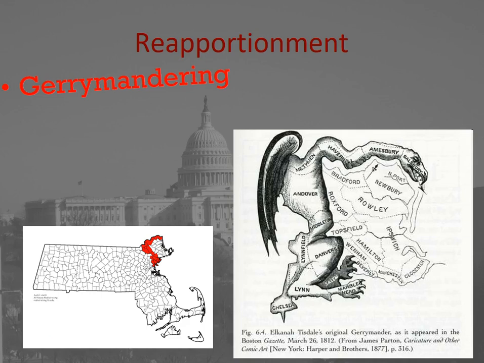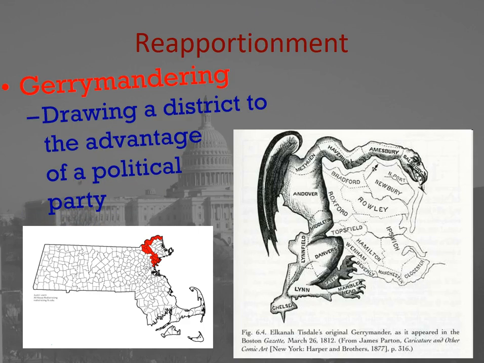One of the first districts to be redrawn for a political advantage, in Massachusetts, came out to be this weird little shape, like in the diagram on the right, which was made fun of by a political cartoon, and somebody said, that looks like a salamander. And then somebody said, no, it's not a salamander, it's a gerrymander. And so when we get really odd-shaped districts like that, that is called gerrymandering.